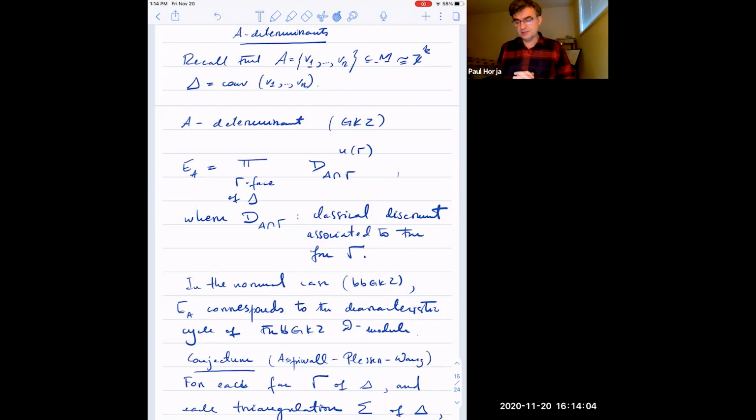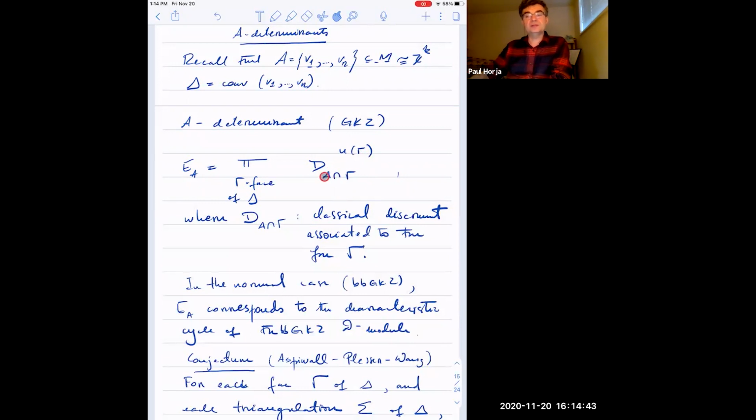Instead of taking the classical discriminant for the whole set, you take a product of the classical discriminants corresponding to the intersections of the given set with the faces of the convex hull. So you will have one term here for each face of the convex hull.